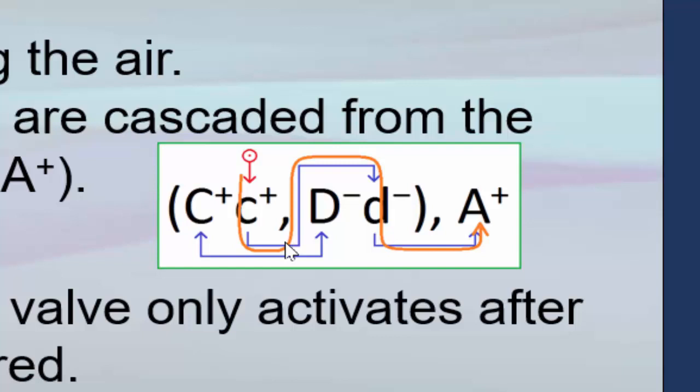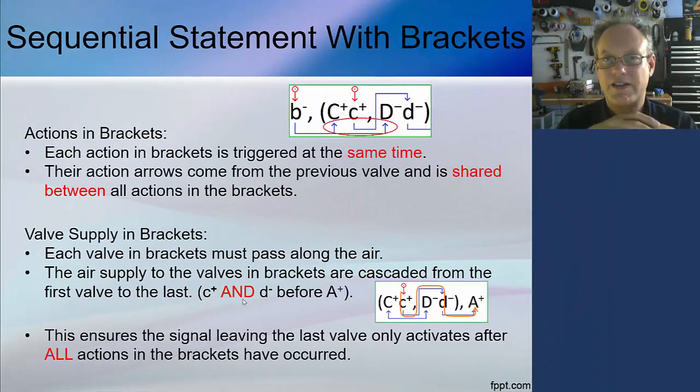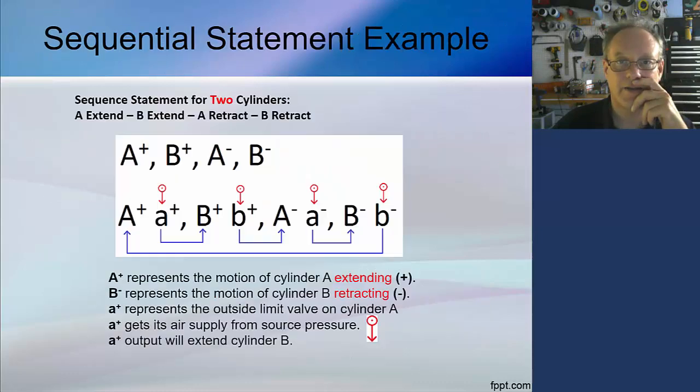So unless both of them are done acting, the next step shouldn't happen. So we put the air through them like this in an AND configuration. So air to A plus will not happen unless C has extended and D has fully retracted. Okay, good. So this ensures that the signal leaving the last valve, in this case D minus, will not actuate the next until all of the actions have happened in that bracket.